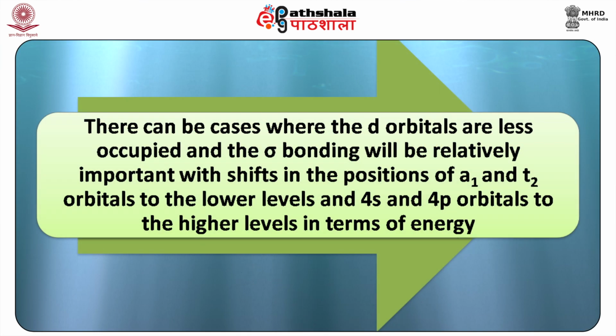There can be cases where the d orbitals are less occupied and the sigma bonding will be relatively important, which shifts the positions of A1 and T2 orbitals to the lower levels and the 4s and 4p orbitals to the higher levels in terms of energy.